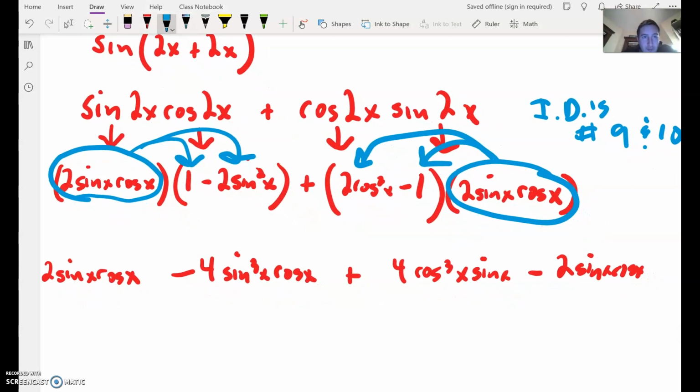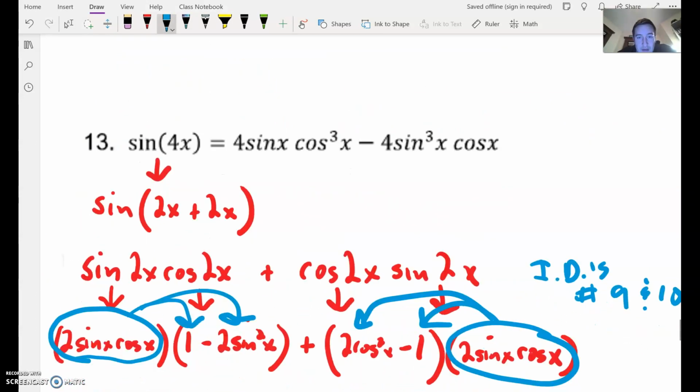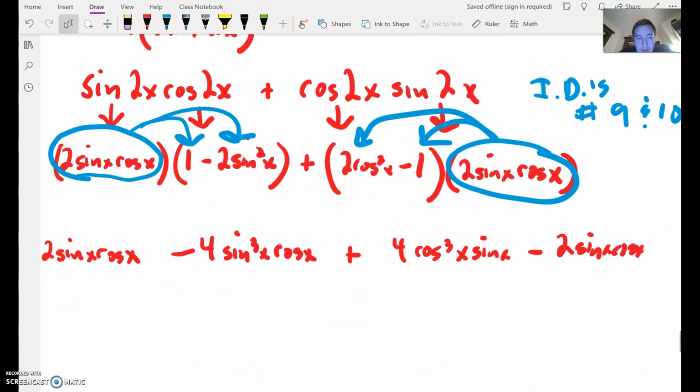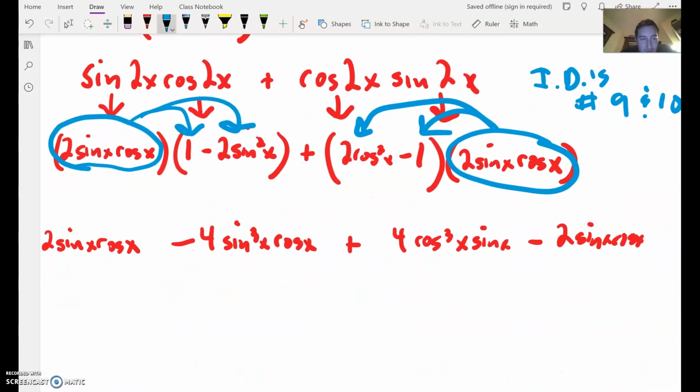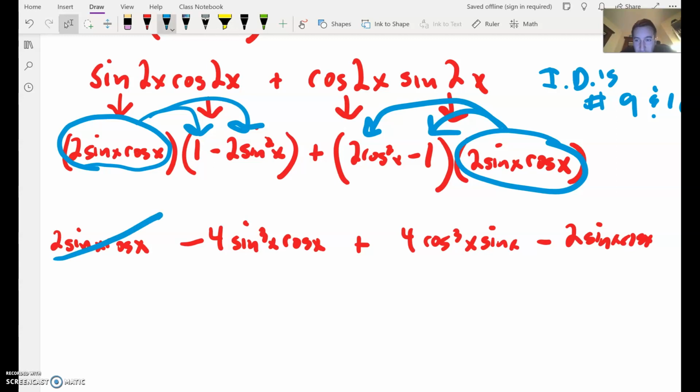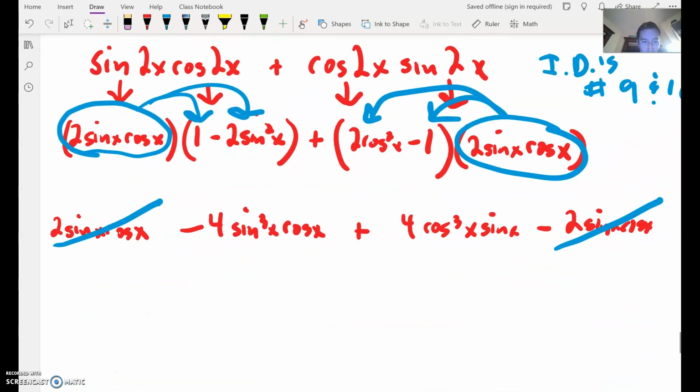At this point, I only have one step left, and it is to combine like terms. And I actually think I'm done, because check this out. This 2 sine cosine right here cancels out with this negative 2 sine cosine right here. And I think my final answer is this. I'm going to run out of time, but you get the idea. That's my final answer. Let's get after it tomorrow in class, and we will do our thing.